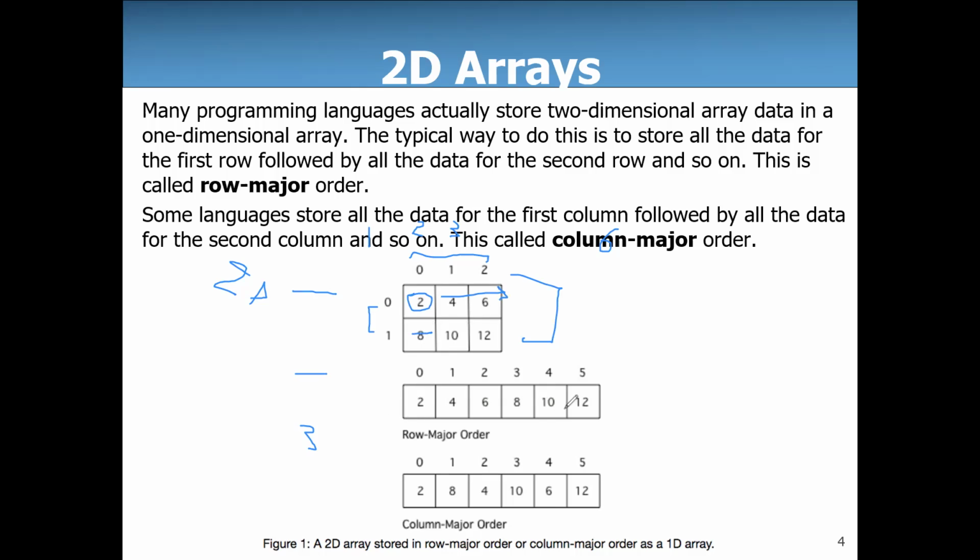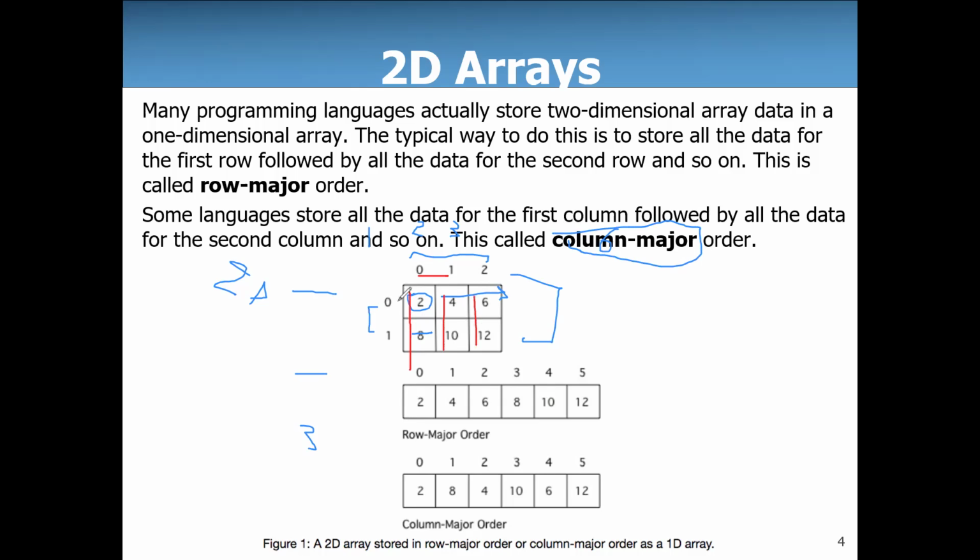But let's say you don't want to follow this approach and you want to follow the column major order approach. Then what you will do in that case, I'm going to change this color so that it becomes easier. If you are trying to implement column major order, then you will be reading in that way.